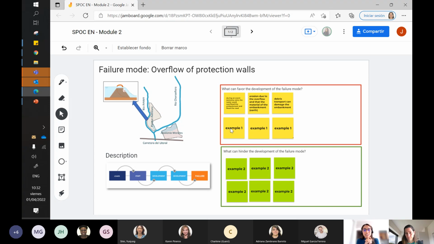And yes, exactly, cutting off communities from one another and cutting off the operation of a park also. And we have to consider both the workers and the tourists that are in the park. So that's very important.